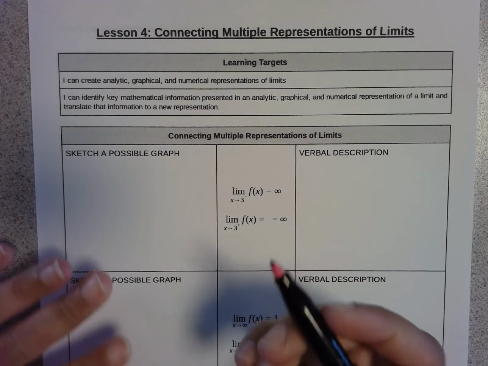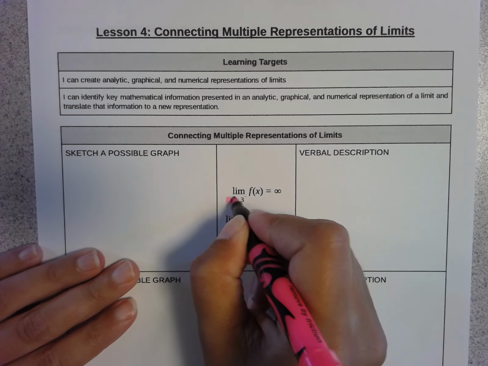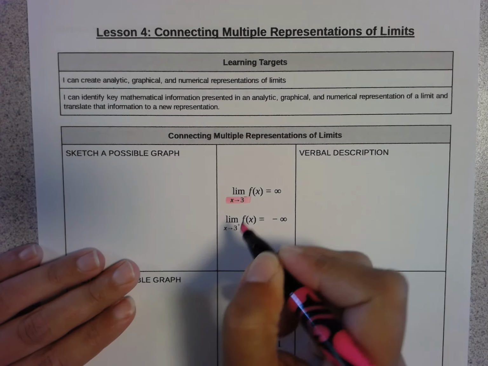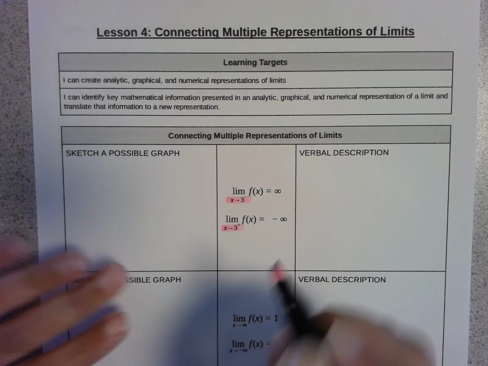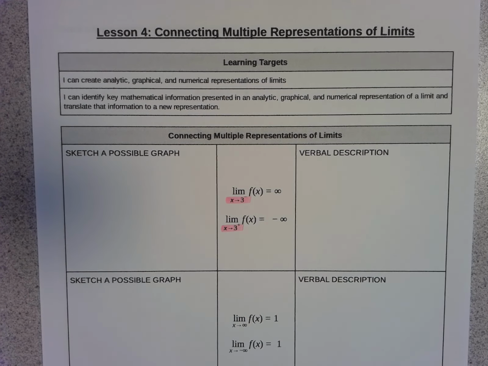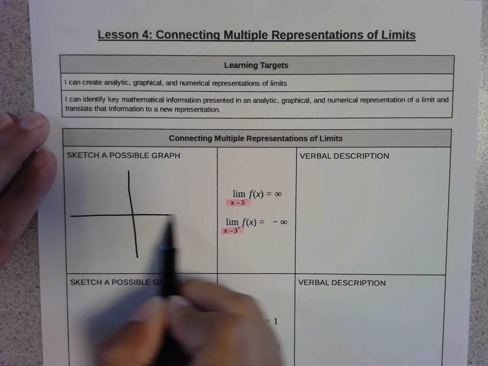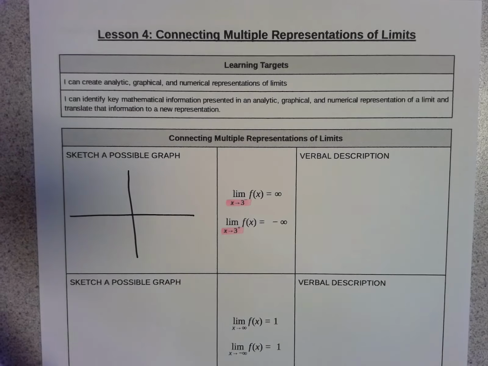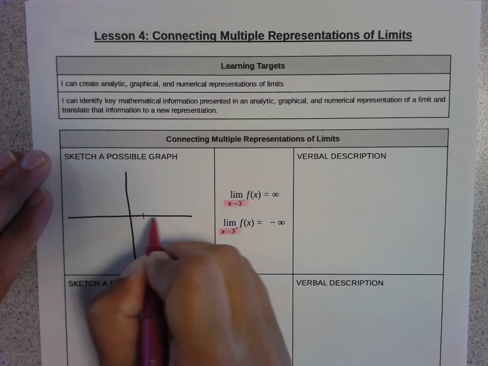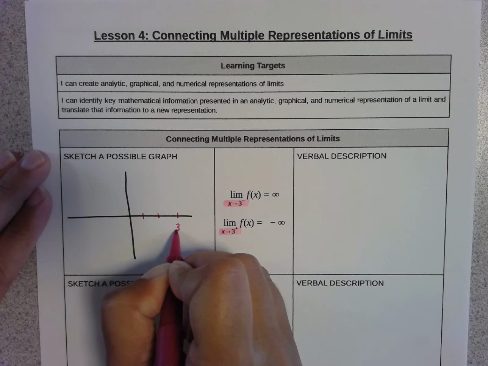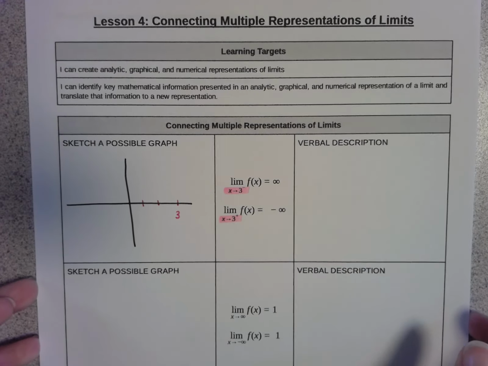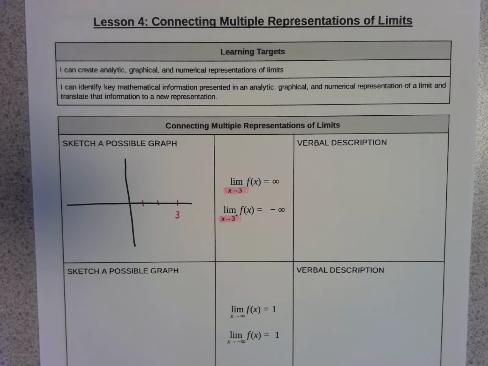Because this first limit says the limit as x approaches 3 from the left, and the second limit says the limit as x approaches 3 from the right, I know that on the graph that I'm about to draw, having the x value of 3 is going to be really important because all of my limits are talking about what happens around x being 3.